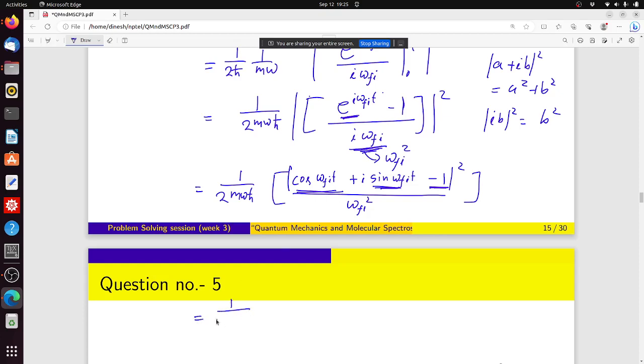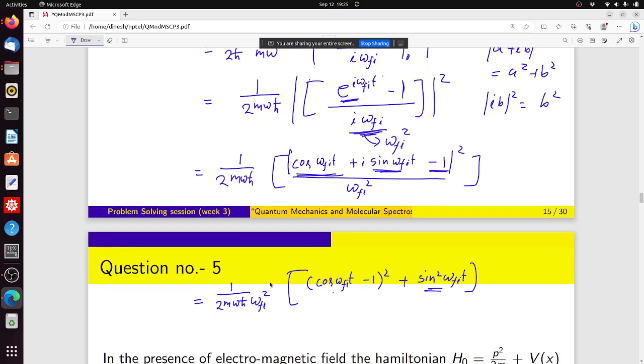So mod square of this part will give me 1 over, let me write the constant first, 2 m omega h cross omega fi square, then this will give me cos omega fi t minus 1 whole square plus sine square of omega fi t, right? A square plus b square: mod square means real part square plus imaginary part square.